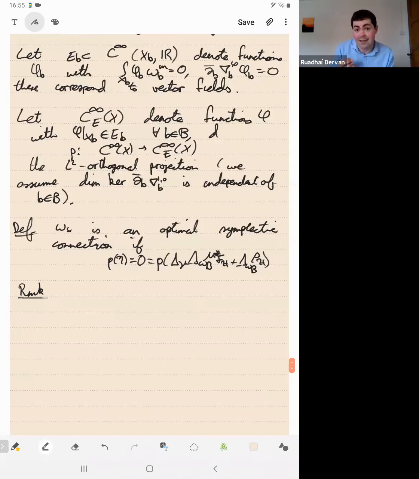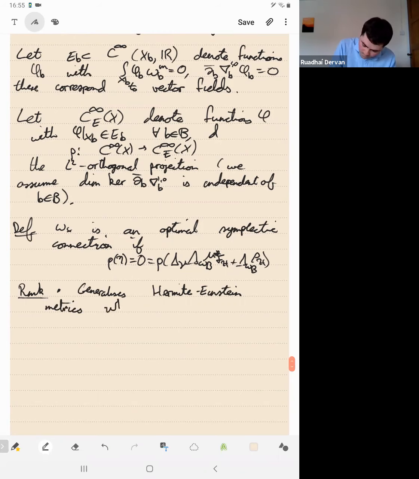Okay, so the definition maybe does not look so natural. The first thing to point out is that this really is a generalization of the Hermite-Einstein condition on projective bundles. So this generalizes Hermite-Einstein metrics when X is equal to P of E. I won't really get into so much detail why that's true, but essentially this rho is equal to mu star F_H because a projectivized bundle is actually a Fano fibration in particular.